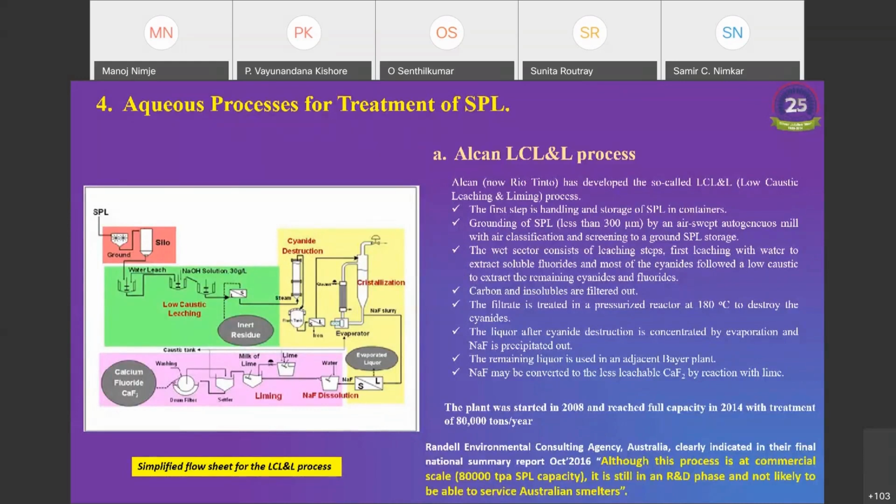So, even though processes are available for treatment and utilization of SPL, some lacunae are there. Therefore, SPL producers are still looking for a better process for their SPL utilization.